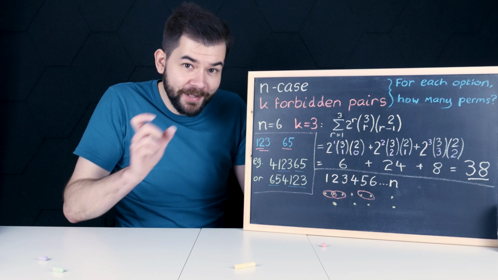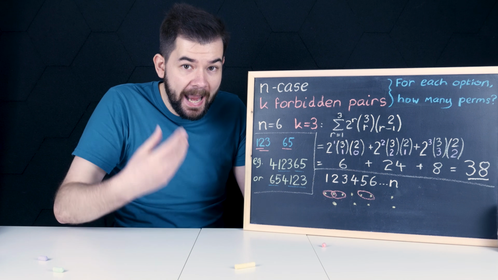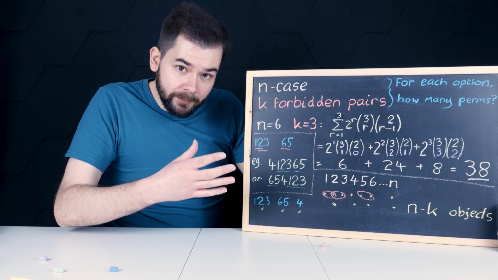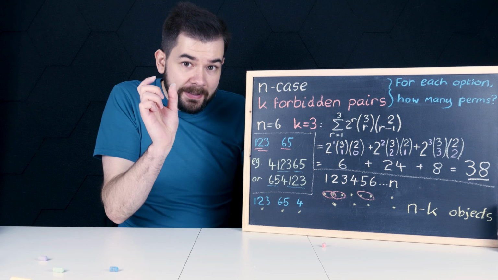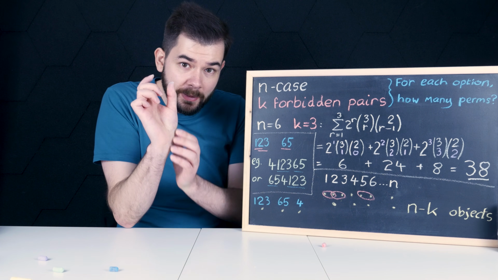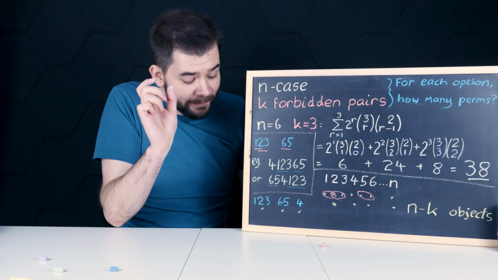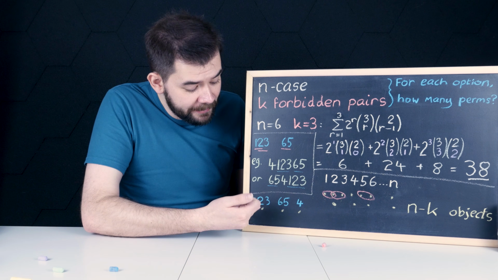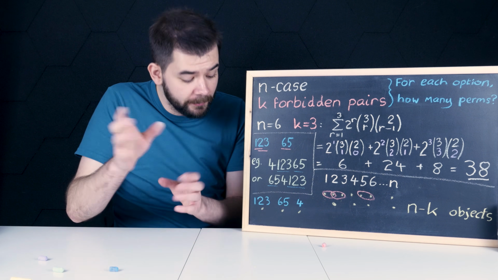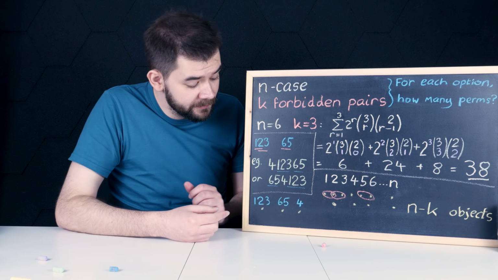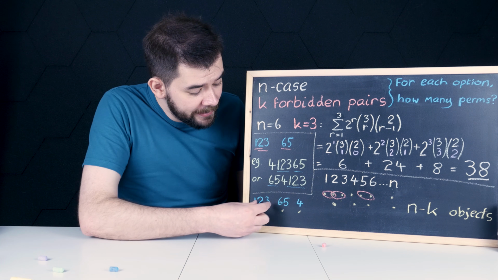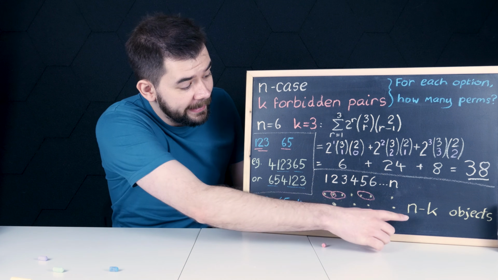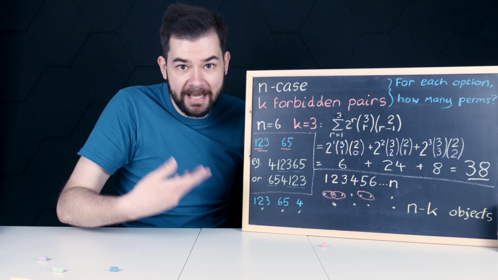Once we've included k forbidden pairs, we have n-k objects. You could see this in our specific example here. The string 1, 2, 3 has to appear as an entire unit, as does the string 6, 5. And we also had 4, which is its own unit. So there are basically 3 objects that we can shuffle around because we can't unstick those numbers. So the number of ways of arranging those 3 units is just 3 factorial, or in general, n-k factorial.